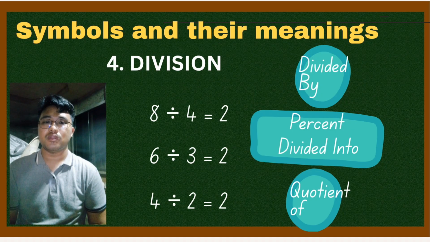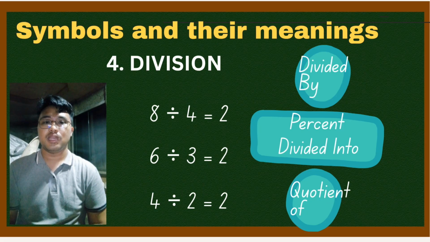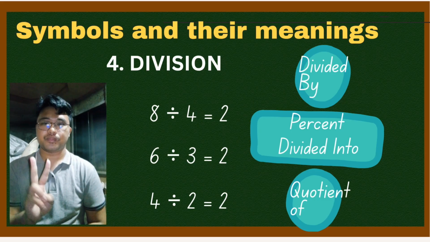For example, 8 divided by 4 equals 2, which means 8 is divided into 4 equal parts and each part is 2.